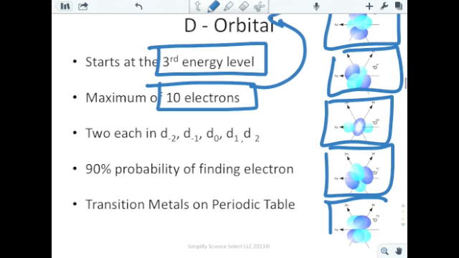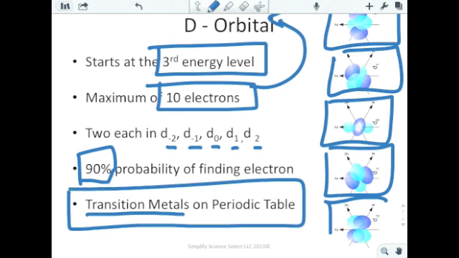And those are the 5 sublevels that we're going to have. We designate these as -2, -1, 0, 1, and 2. Okay, there's a 90% probability of finding an electron in these orbitals, because that's where we have the highest chance of finding those electrons. And basically the d orbital is in the transition metals on the periodic table. These are going to be called our d block.